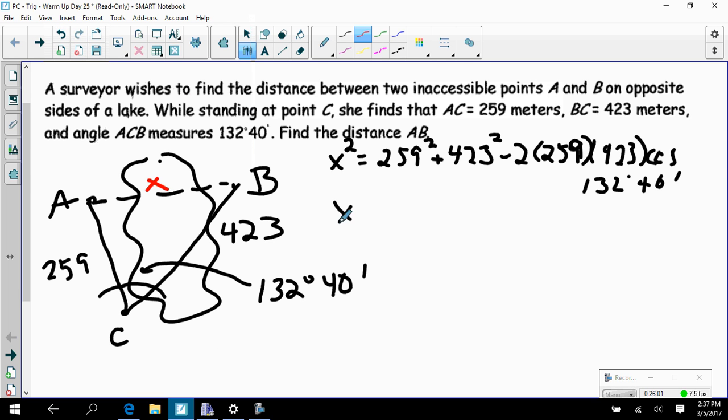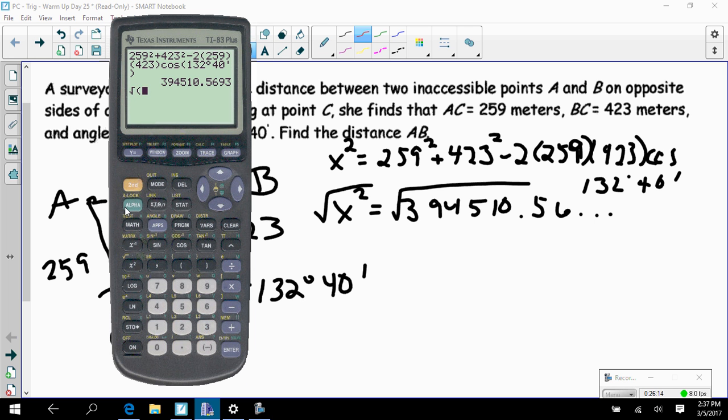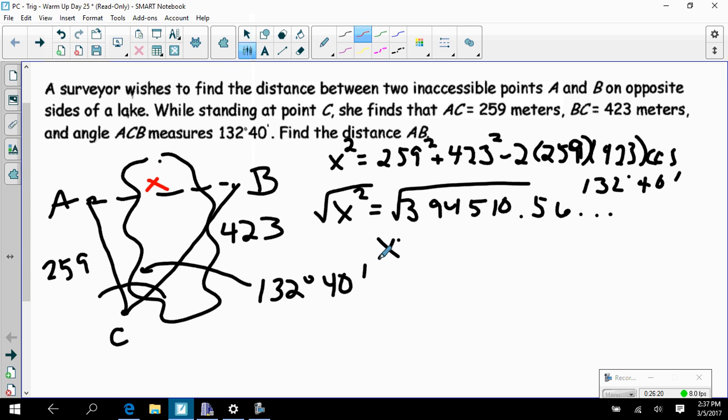So x squared equals 394,510.56 dot dot dot. We take the square root. So square root of that answer gets us 628. And the other distances to the nearest whole meter, so we'll say about 628 meters.